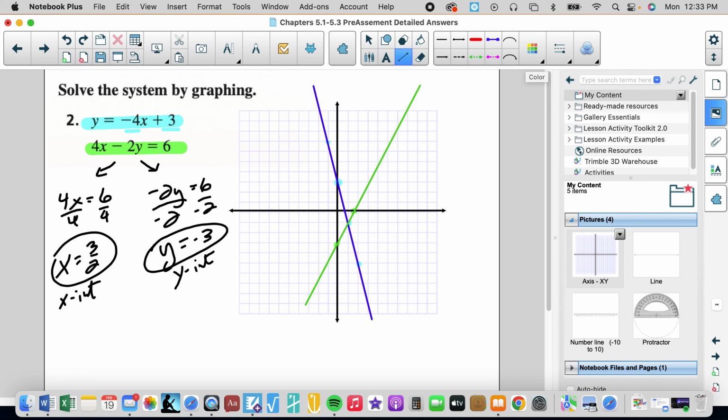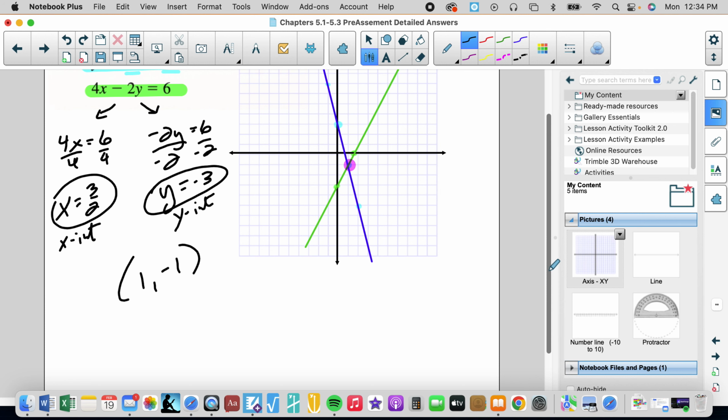Where does it logically look like it's going to fall? Well, it kind of looks like it's going to fall there. So we would want to try it and we can check. I think the solution is going to be 1, negative 1. And the only way we're going to know if that is a solution is through checking. It takes a couple seconds to check.